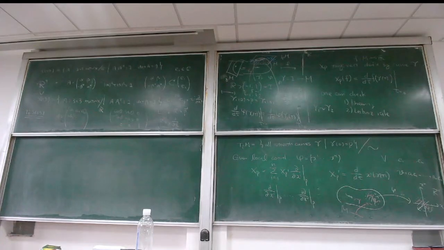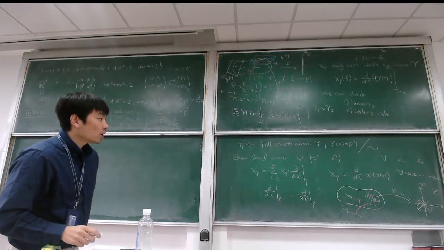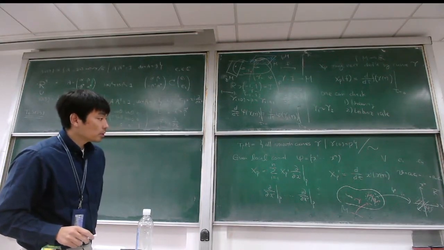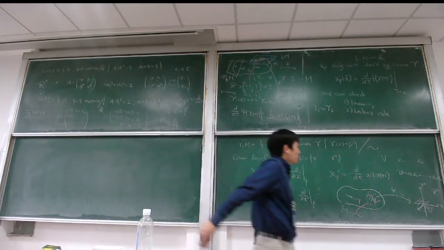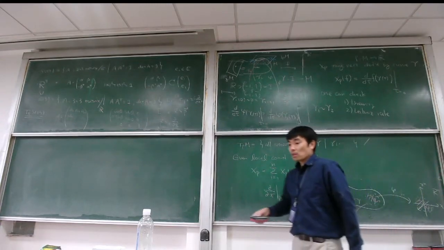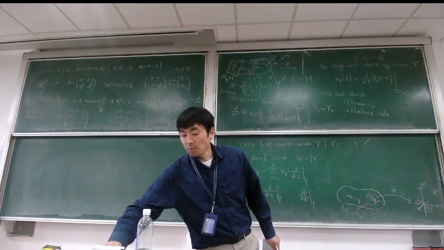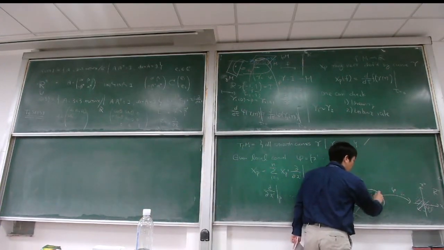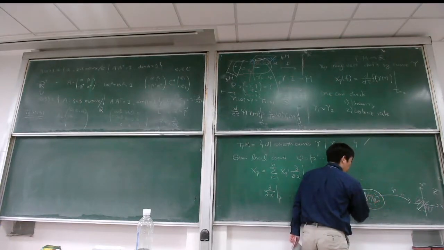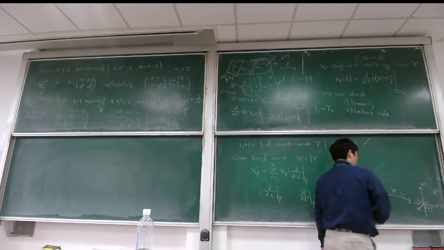And if you have learned general relativity, you are already familiar with the local coordinate transformation. For instance, let's use this figure. Let's see, one open chart, and one can take another open chart, something like this one, which is mapped to psi.